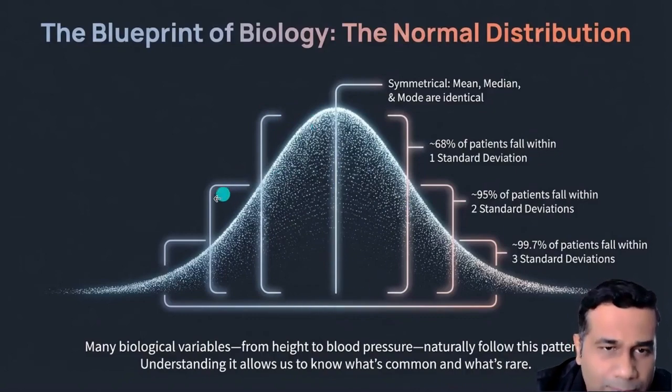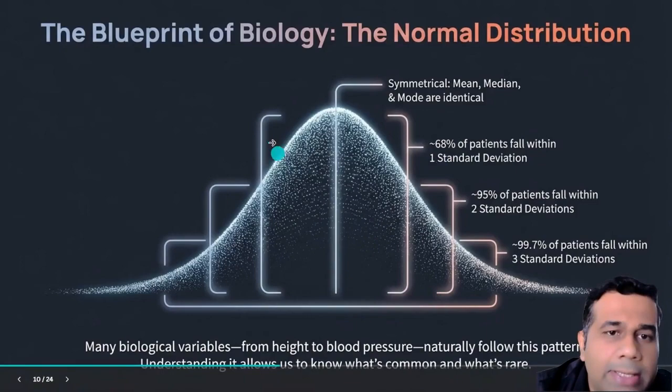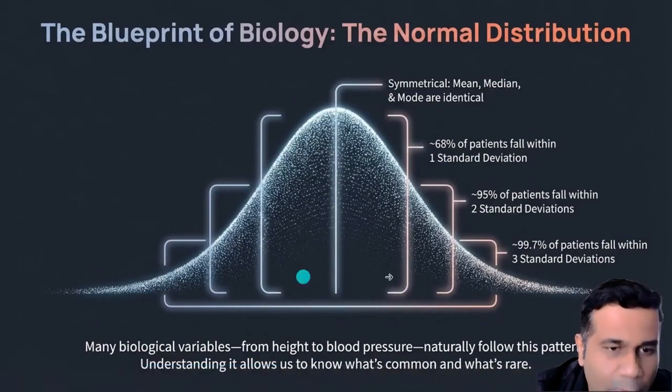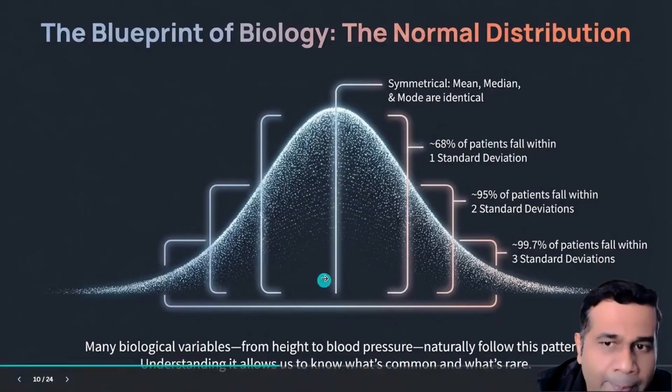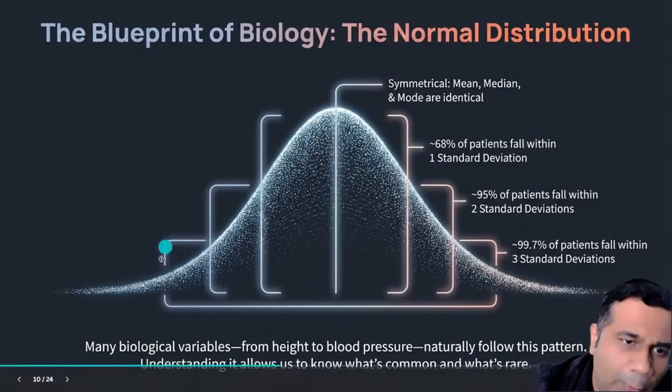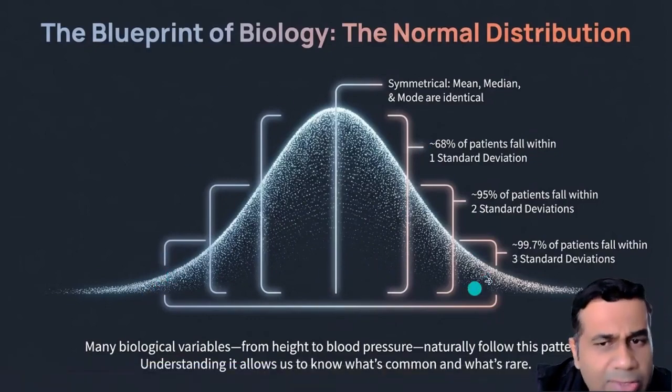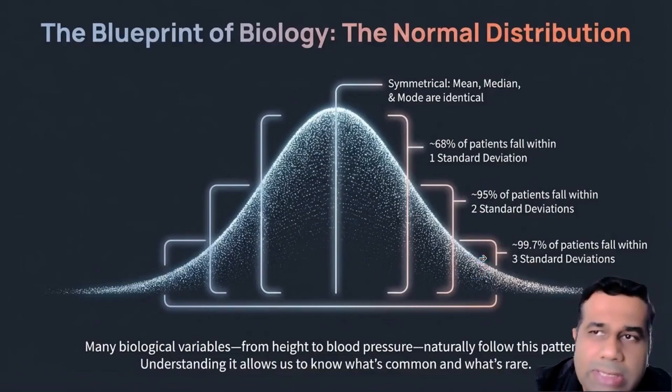And if you put a distinction here, this is 2 standard deviations: this line is plus 2 standard deviations and this is minus 2 standard deviations. If you put that, 95% of the participants will be in this area. And if you put one more here, which is 3 standard deviations, 99.7% will be in this area. So this is a completely normal pattern.